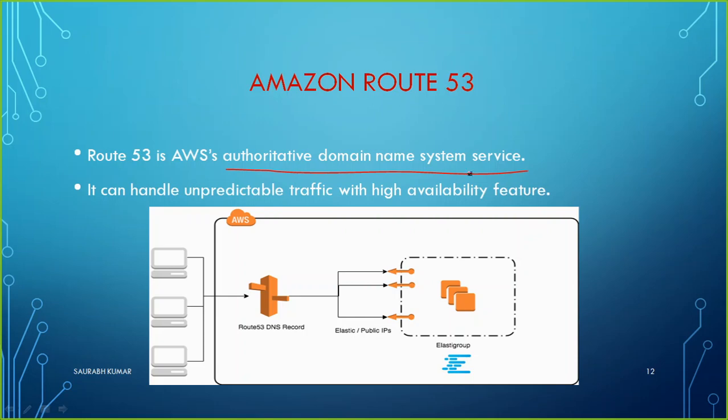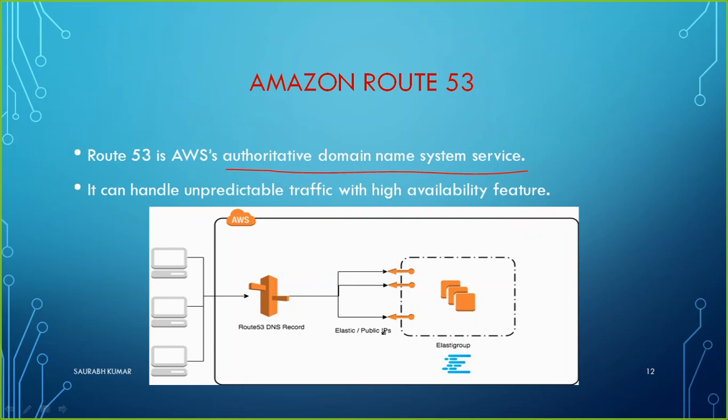Here you can see how it works. We have multiple customers, or maybe any individual's computer, sending requests. Their request will come to Route 53 DNS. It will resolve that query. It will help these users resolve this name to the IP, and on the basis of that, the request will go to the relevant IP address machine or instance.